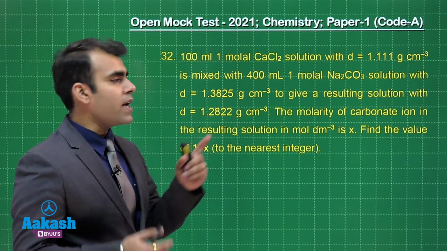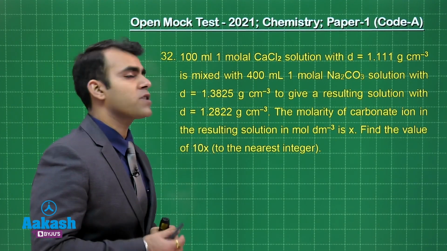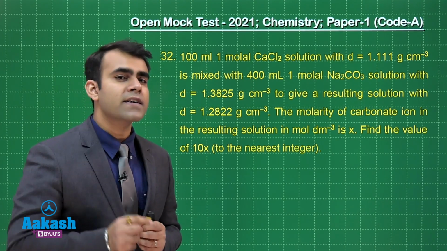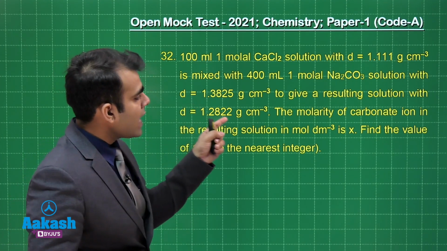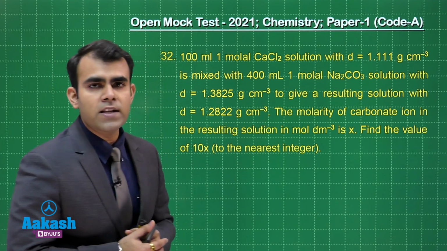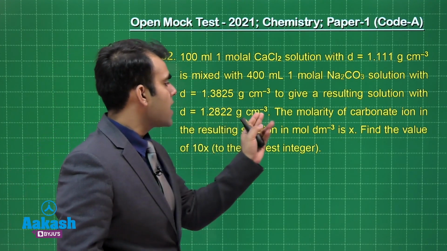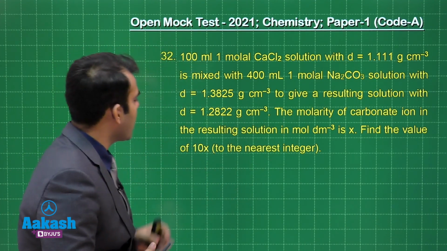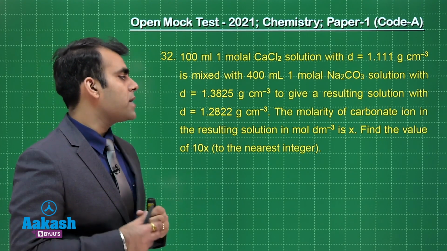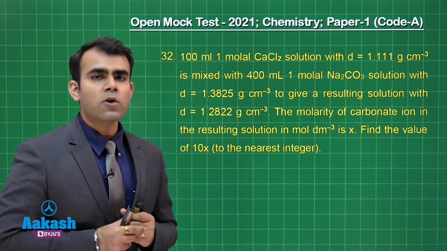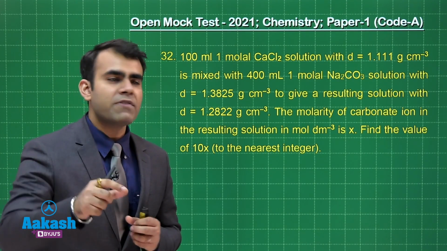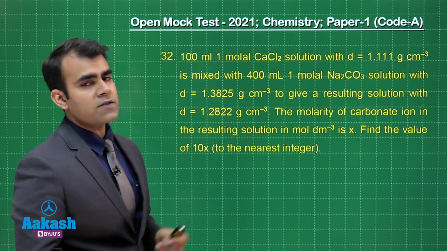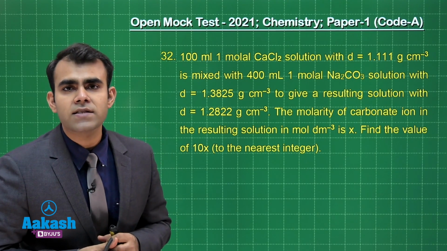Now, if you see here, the density of these three solutions are different, and that is the catch in the question, because many a times what you do is when you are calculating the molarity in the final solution, because the question is asking for the molarity of carbonate ion in the resulting solution in mole per decimeter cube. So while calculating molarity, what we do is we basically calculate the number of moles and divide it by the total volume, that is 100 plus 400, and that is incorrect.